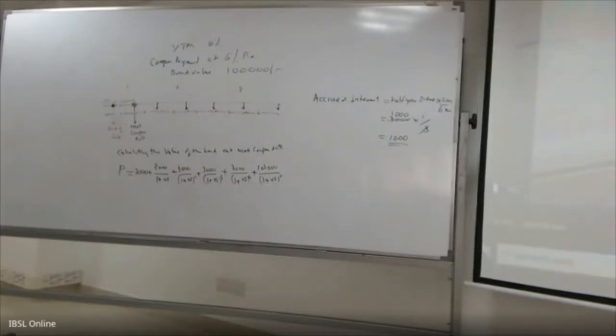Then you get 3,000 divided by 1.05 to the power 3. Then you get 3,000 divided by 1.05 to the power 4.